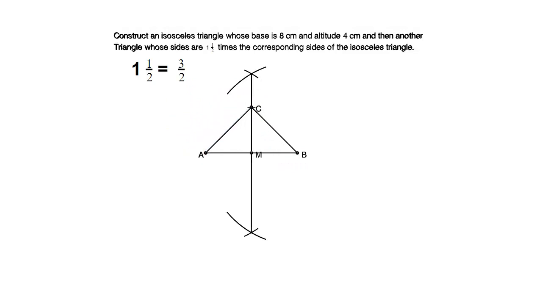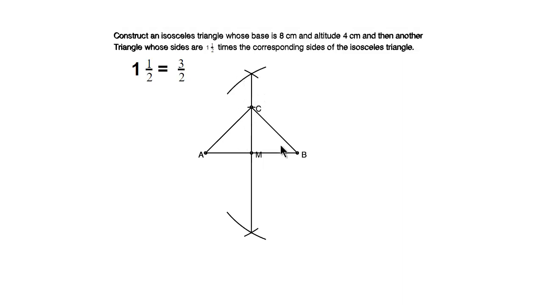Now, the next step is to extend the line AC and the line AB. Why are we doing this? Because you can observe the given question is of the greater than 1 ratio type. Whenever you have a greater than 1 ratio type, the required triangle that you are going to get will always be greater than the given triangle.